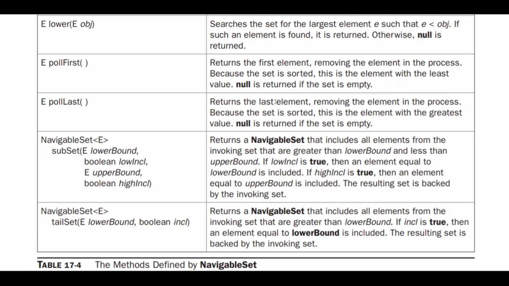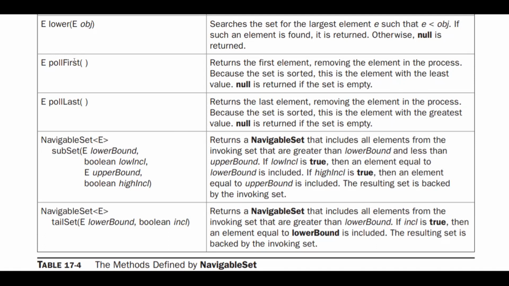The pollLast method returns the last element, and along with that it will be removed from the set. If the set is sorted, then it is the greatest value that will be present at the last location, so it will be returned as well as removed. If the set is empty, it will return null. So pollFirst returns and removes the first element, whereas the pollLast method returns and removes the last element.